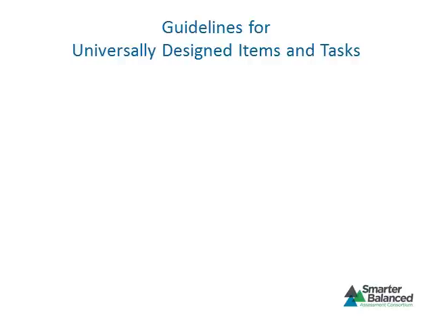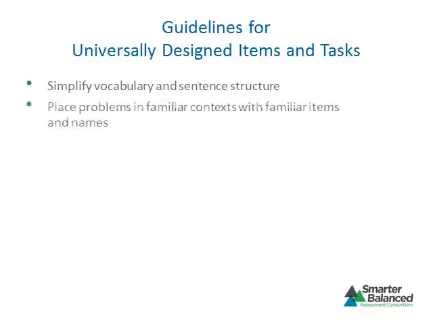While item writers and reviewers should be familiar with all of the concepts explored in the General Accessibility Guidelines, here are a subset of the guidelines that should be kept in mind when writing and reviewing items and performance tasks. These include: simplify vocabulary and sentence structure. Place problems in familiar contexts with familiar items and names.